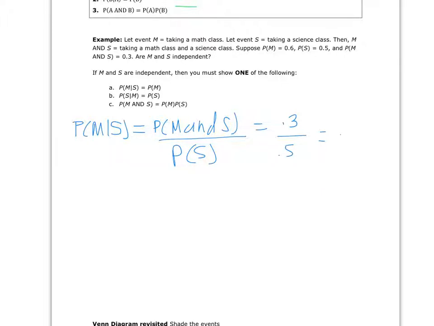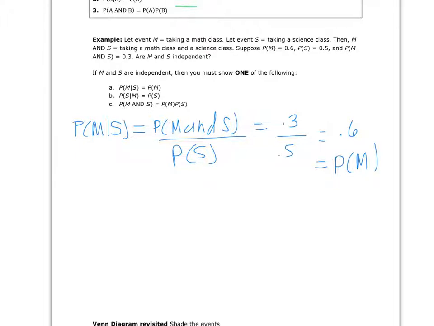So we get 0.6. That equals the probability of M. So we were able to show that the probability of M given S is equal to the probability of M. So that shows independence.